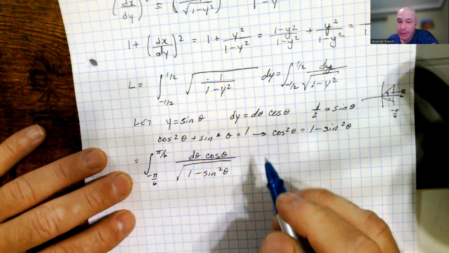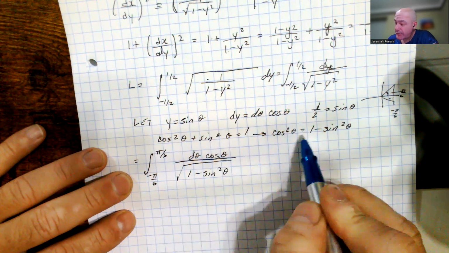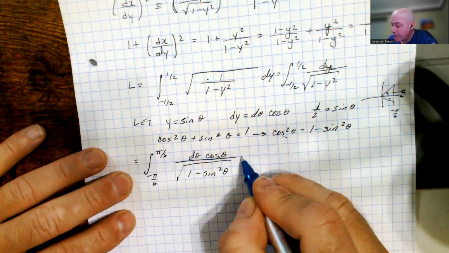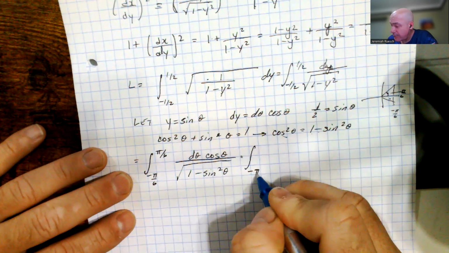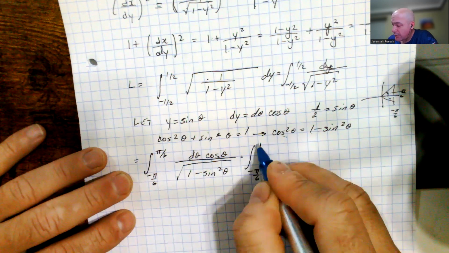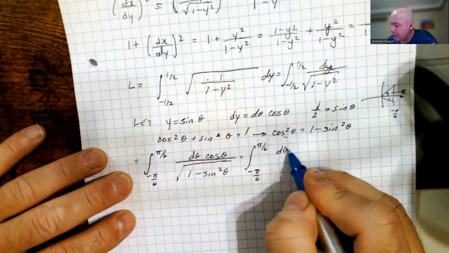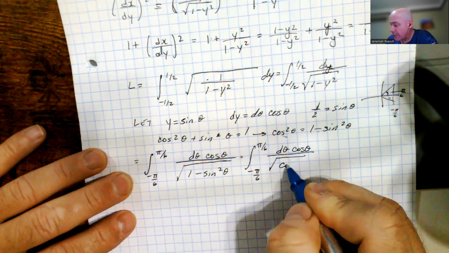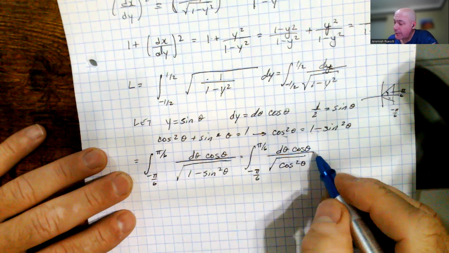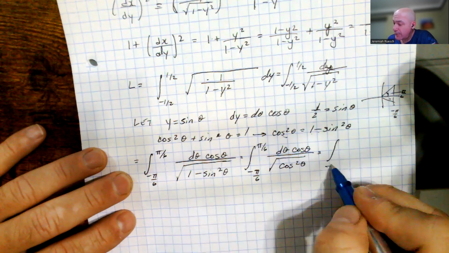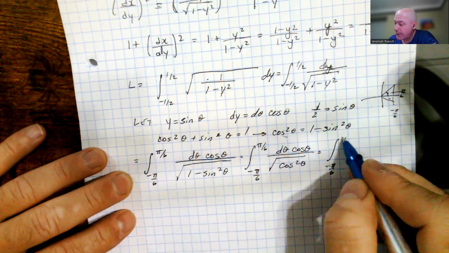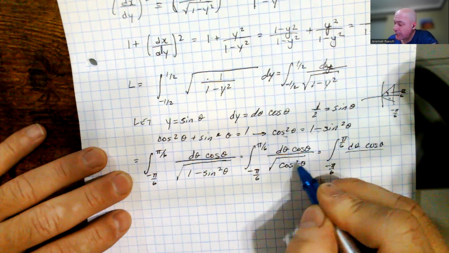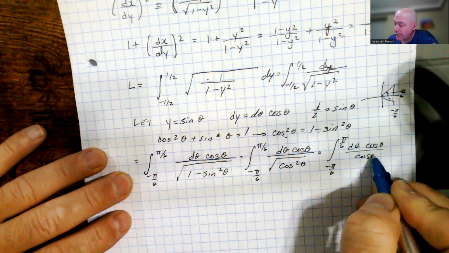Now 1 minus sine squared theta, we saw earlier, is equal to cosine squared theta. So this is cosine theta d theta over the square root of cosine squared theta. The square root and the square are going to cancel out, and I think you can see how quickly this is going to collapse now. The cosine theta over cosine theta cancels out, so those reduce to 1.